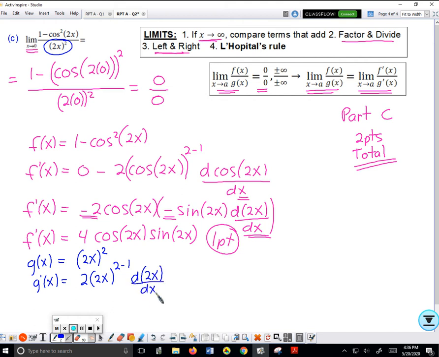So our g prime of x is going to equal 2 multiplied by 2x, because 2 minus 1 is just 1. Derivative of 2x is also 2, so I'm going to get 4 times 2x, which is 8x. So copy this over.